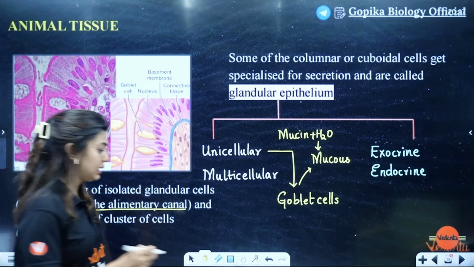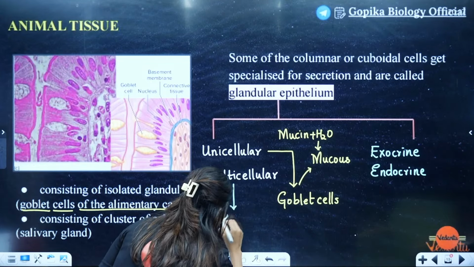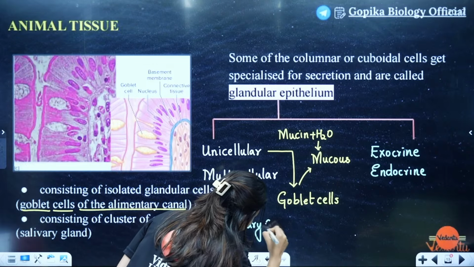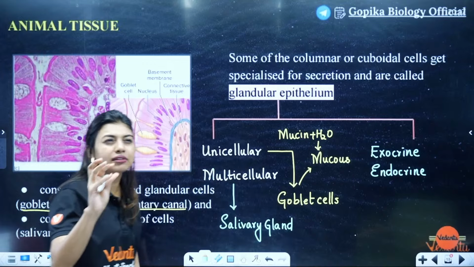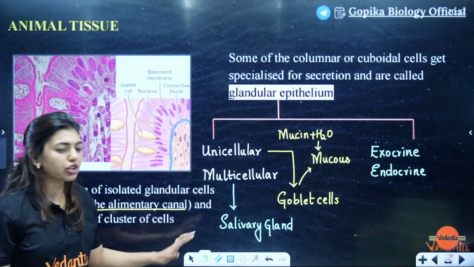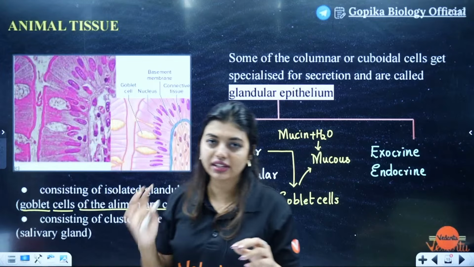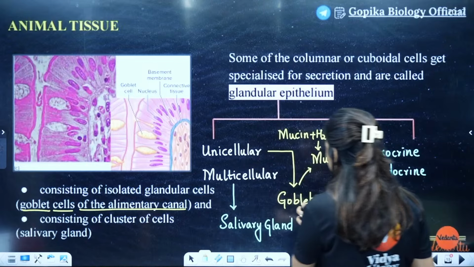Now, when you go to multicellular, we are going to talk about your salivary gland. Parotid gland, sublingual gland, all that you might have studied in your previous years, or you might not have studied at all. The 3 major types of salivary gland are multicellular. Is this clear to all of you?